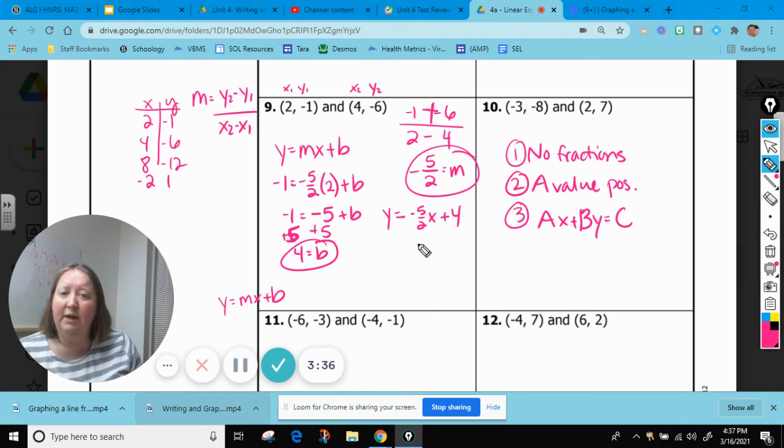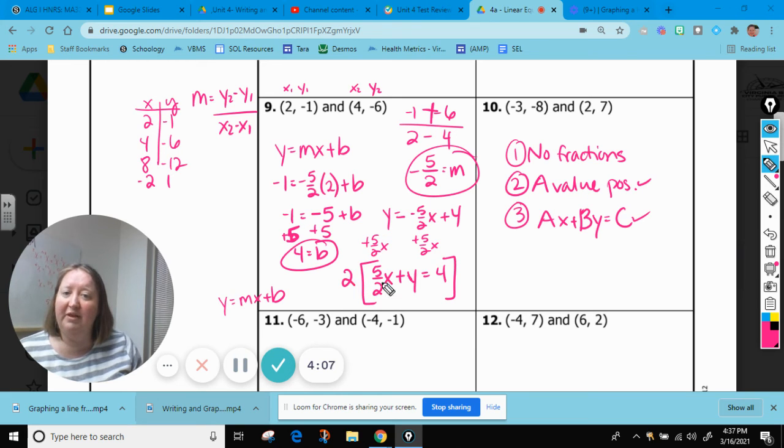So to rewrite, I would add 5 halves x on this side. Now I have the coefficient of x on the correct side, plus y is equal to 4. Okay, so I've got this done, but this is still messed up. So I'm going to get rid of my fraction by multiplying by the denominator all the way through.